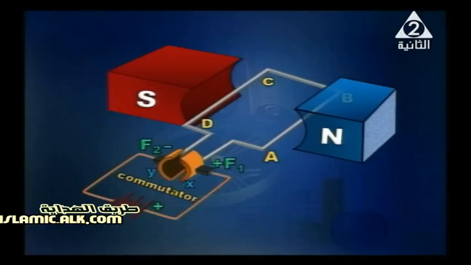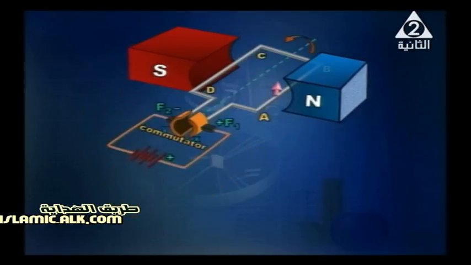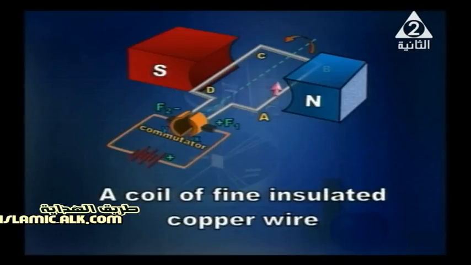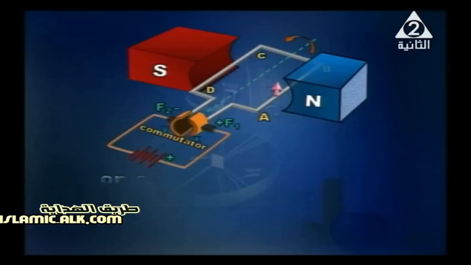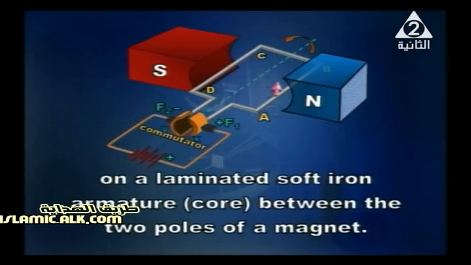So once again, the device consists of a coil of fine insulated copper wire, wound on a laminated soft iron core or armature between the two poles of a magnet.